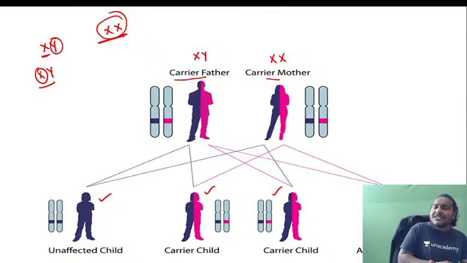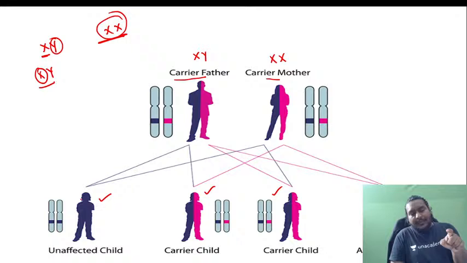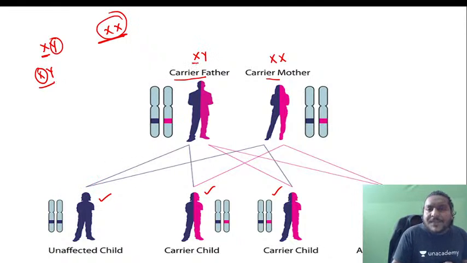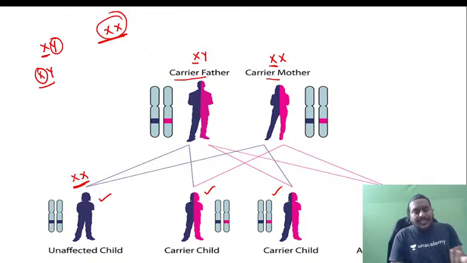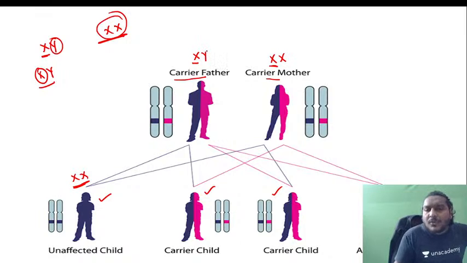In what circumstances could this be? If both of these chromosomal pairs, let's say X is not affected here, X is not affected here. So if both X's which are not affected are coming, definitely the child will not be affected. Isn't it? That's a very common thing. But for example, here Y is affected, here X is affected. So one is affected and one is not affected.